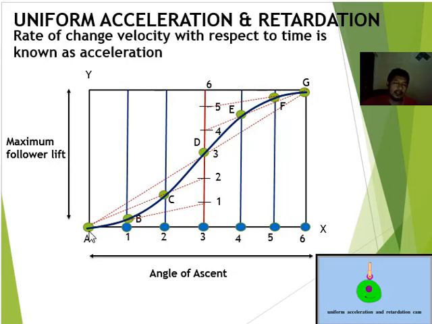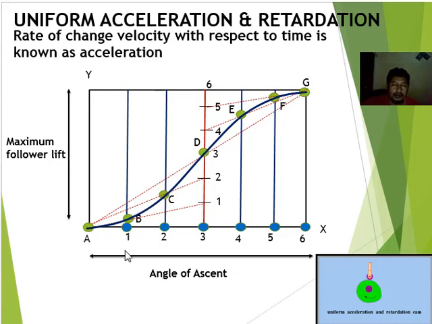After that, you can draw the curve between the points A, B, C, D, E, F, G. This curve is drawn for uniform acceleration and retardation.